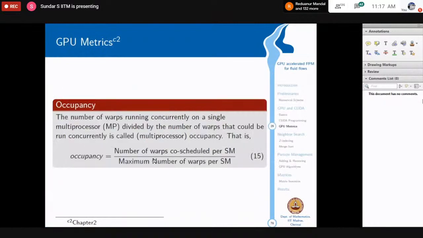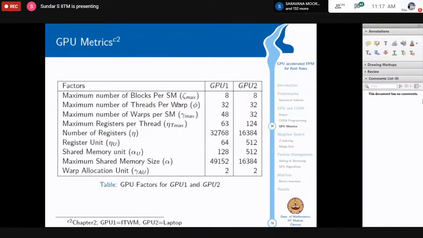The GPU metric is basically, in order to compute the speed up, we need a general metric, which I call occupancy: the number of warps co-scheduled per shared memory, over the maximum number of warps per SM. Now we have computed on two GPUs, GPU1 and GPU2. GPU1 is from Germany, GPU2 is my laptop. GPU computation is architecture-based computing.